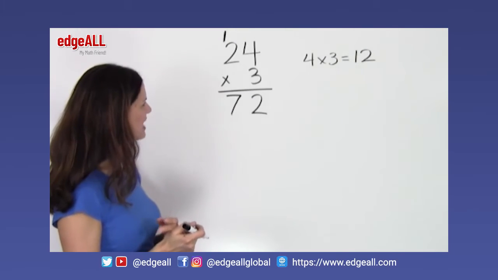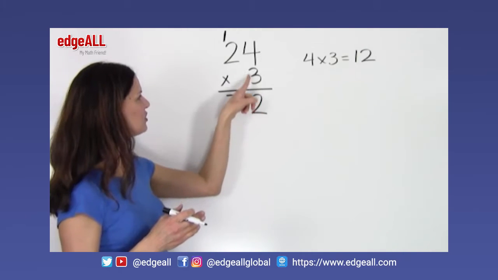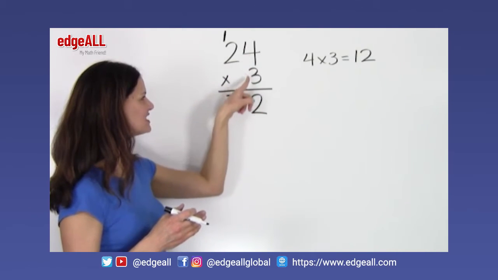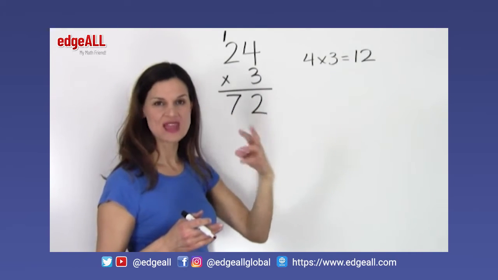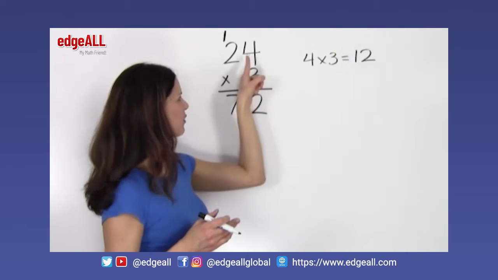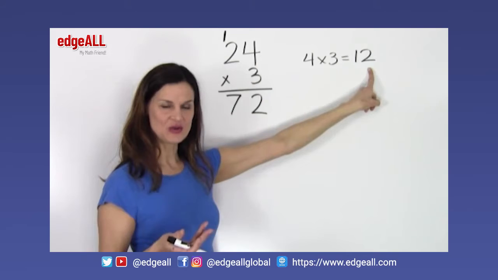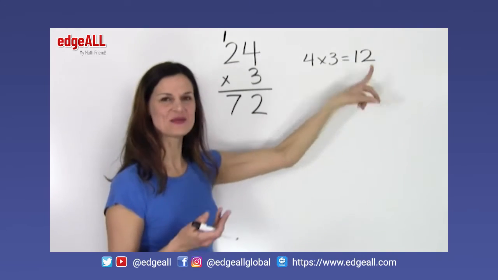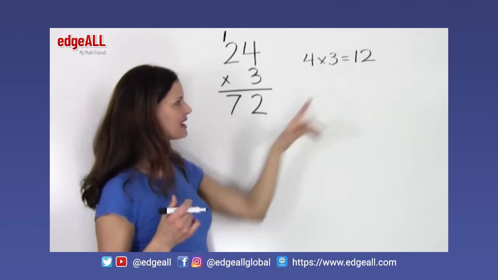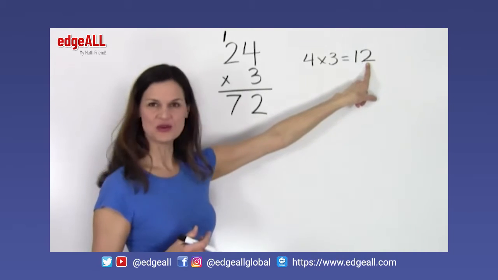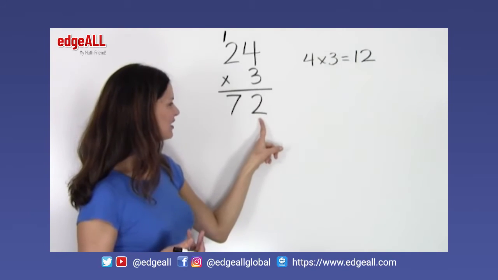If you get to this point in a problem where you multiply two of your one-digit numbers together and you end up with your answer being a two-digit number, like 4 times 3 or 3 times 4 equals 12, you're going to do what we call regrouping. We just worked with some regrouping, just like we did with addition. The regrouping is that I take the 2, the digit that's in the ones place, and I place it here in my final answer.